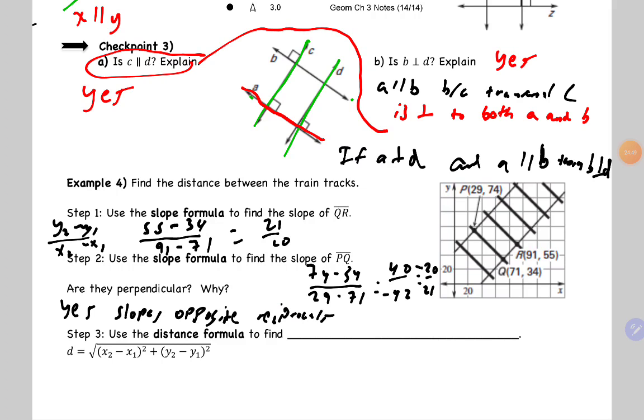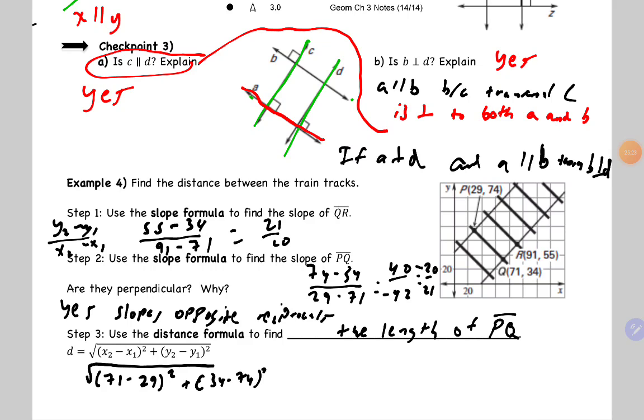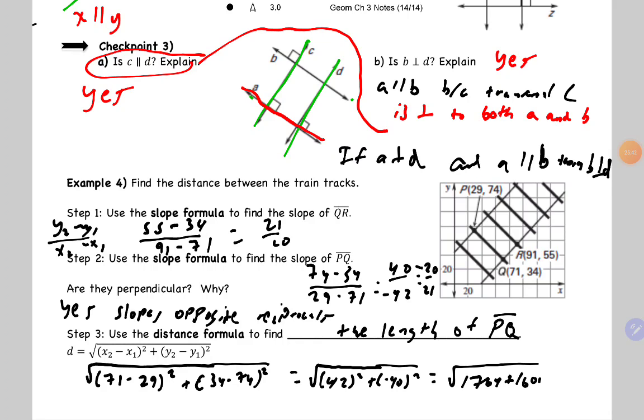Now we know that those are perpendicular, we can use the distance formula from P to Q. So we punch this in here: 71 minus 29 squared plus 34 minus 74 squared. 42 squared plus negative 40 squared. 1764 plus 1600.